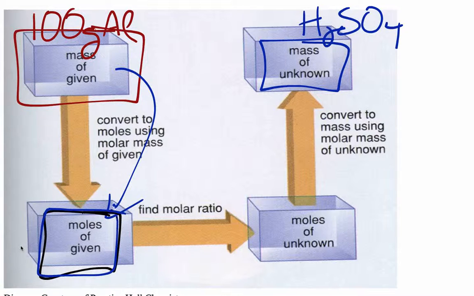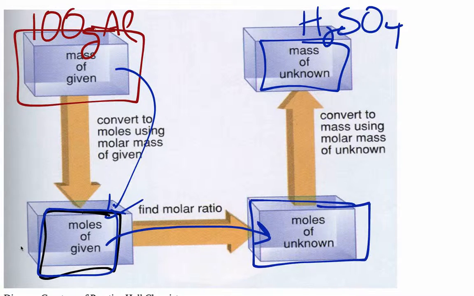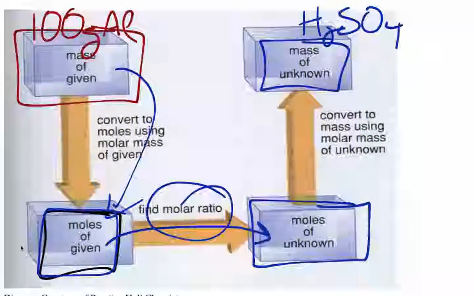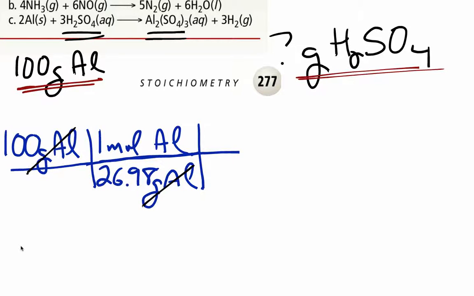Now that I'm in moles, just like I did in the last one, I can convert to moles of something else using the molar ratio. So let's do it. What is the molar ratio between aluminum and sulfuric acid? Well, it is 2 moles of aluminum react with 3 moles of sulfuric acid. That goes in next. Notice my 2 moles of aluminum are going on the bottom. The reason they're going on the bottom is so we can get rid of these units of moles of aluminum.